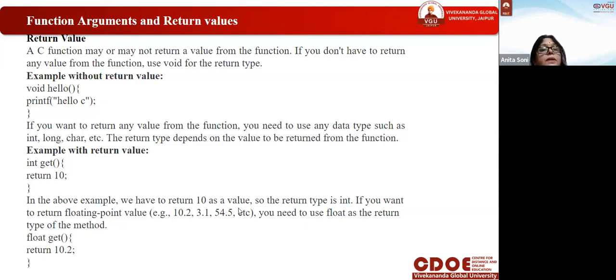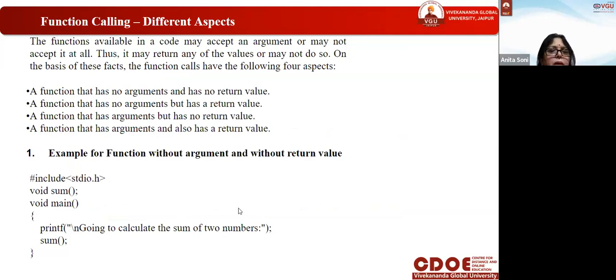If the function returns any data type like float, you have to write it down. If the function is not returning any data type, then you have to use void.